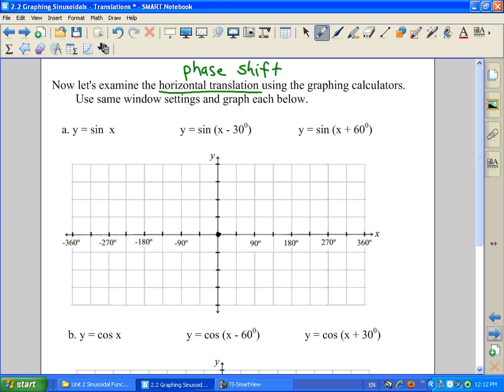Hopefully you start at the axis, go to your max, axis, min, and back to your axis. So that's our parent function. And the D value for that, ladies and gentlemen, equals 0.